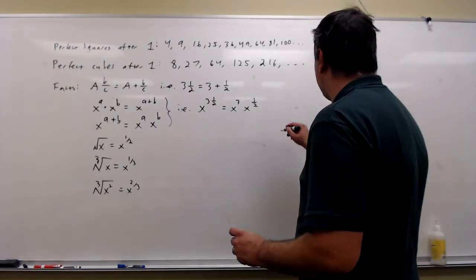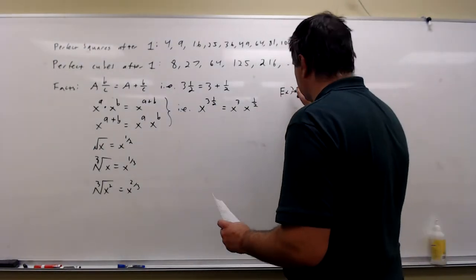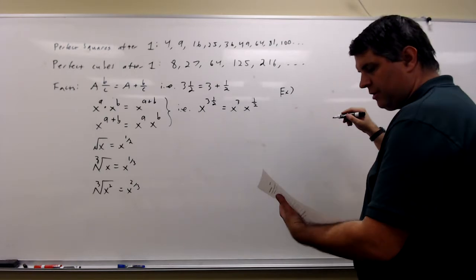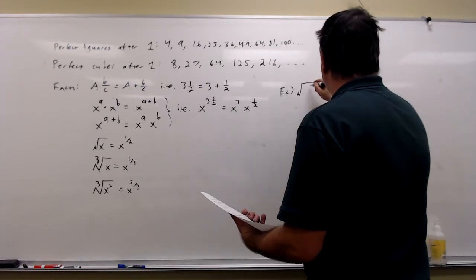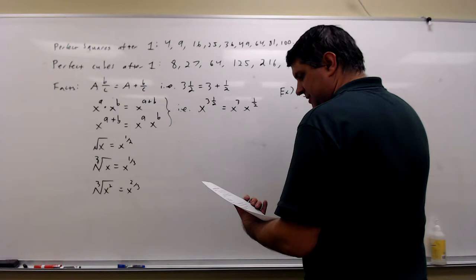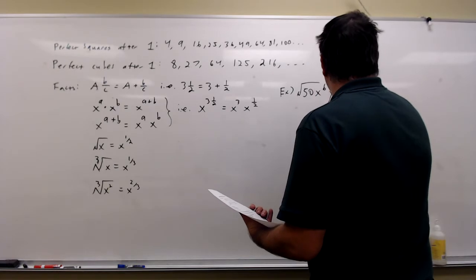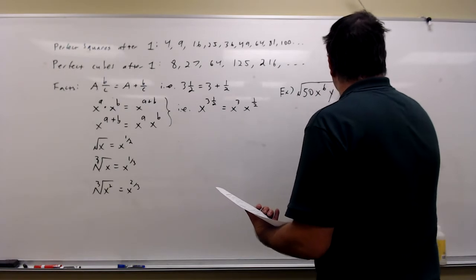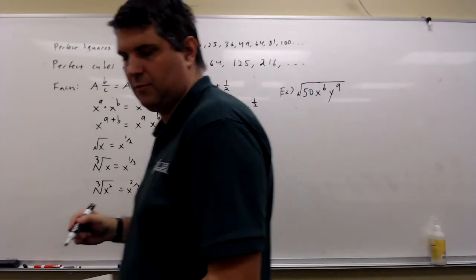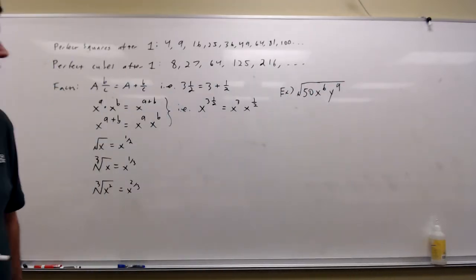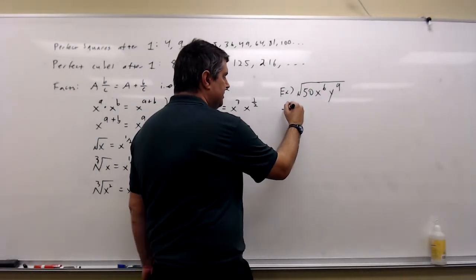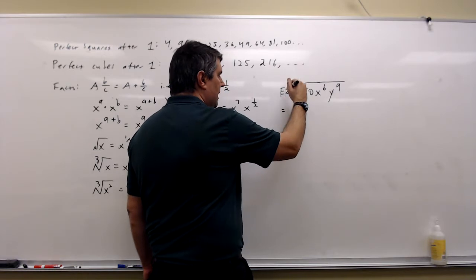So for example, I have the square root of 50x to the 6th y to the 9th. I would split this up. Let me do this as example 1.